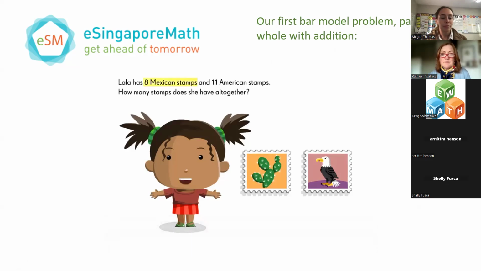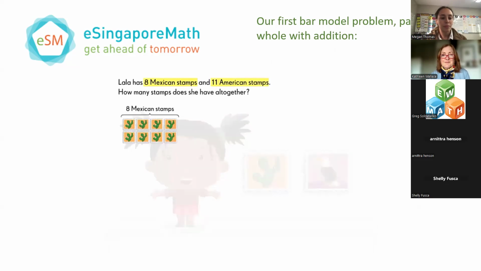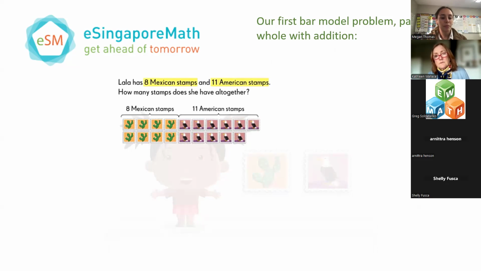Lala has 8 Mexican stamps and 11 American stamps. How many stamps does she have altogether? We can draw 8 Mexican stamps and 11 American stamps to represent this problem. It is not easy to draw so many stamps, so we draw a box to represent each stamp.